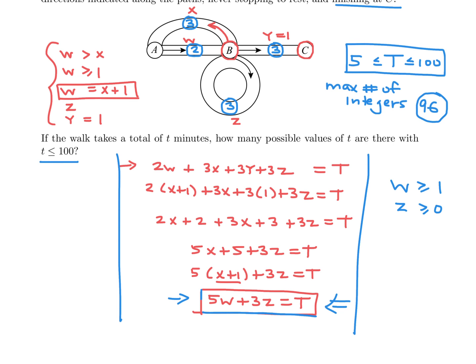And there's different ways of figuring it out. My way is that, look at this equation here. Multiples of 5 are guaranteed, right? No matter what w is, you're going to get a multiple. If z is 0, and you put in 1 for w, 2 for w, you're always going to get multiples of 5. But you're also going to get everything that is 3 more than a multiple of 5.